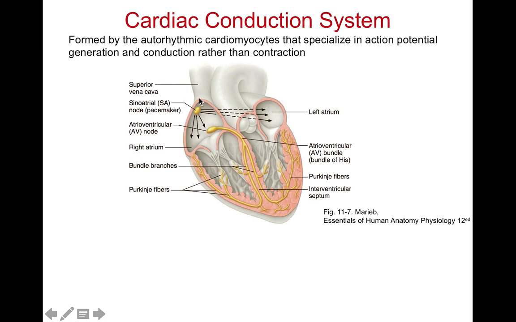This is where the signal originates, then it travels through the atria, then into the AV node, or the atrioventricular node, and it goes through the atrioventricular bundle, also known as the bundle of His, down through the interventricular septum, and then up through the sides of the ventricular walls through the Purkinje fibers.